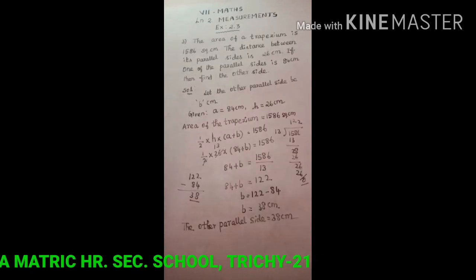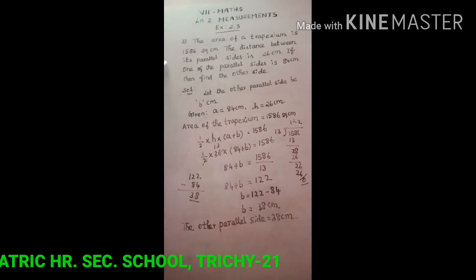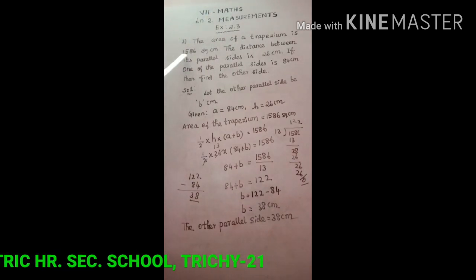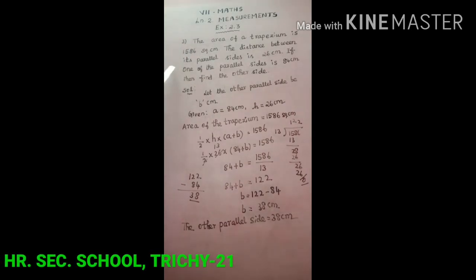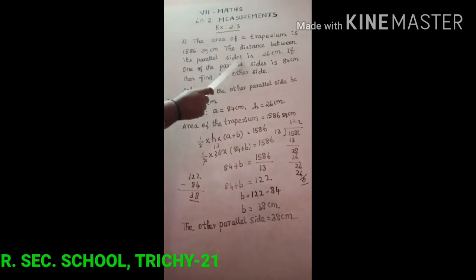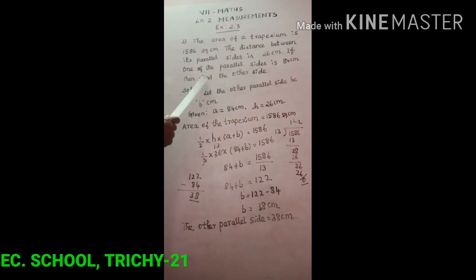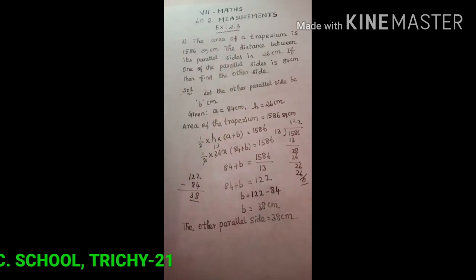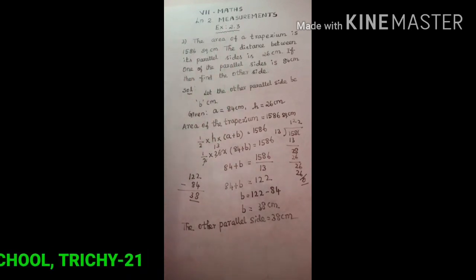In the third one, the area of a trapezium is 1586 square centimeter. The distance between its parallel sides is 26 centimeter. If one of the parallel sides is 84 centimeter, then find the other side.